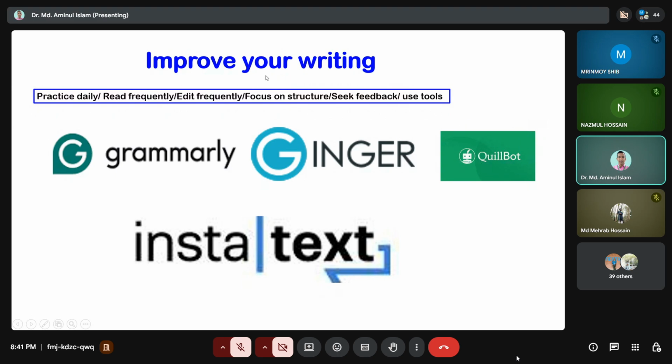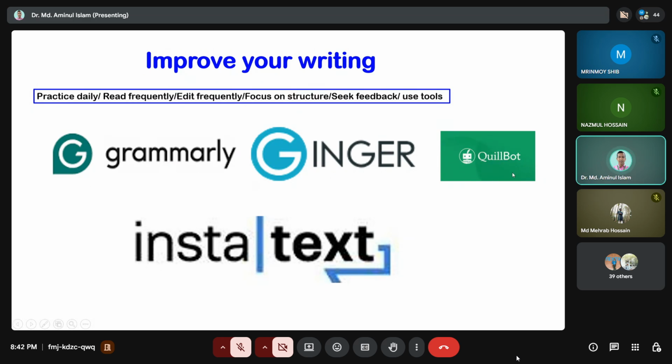So you thoroughly need to edit your work. You can improve your writing by practicing daily, reading frequently and editing frequently, and also focus on structure and take help from seniors or your teacher or supervisor. Then use tools.